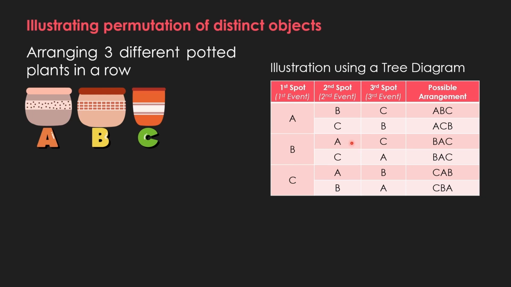It could either be A or C. And if in the first spot you chose potted plant C, in the second spot, still only two choices. It could either be potted plant A or potted plant B.